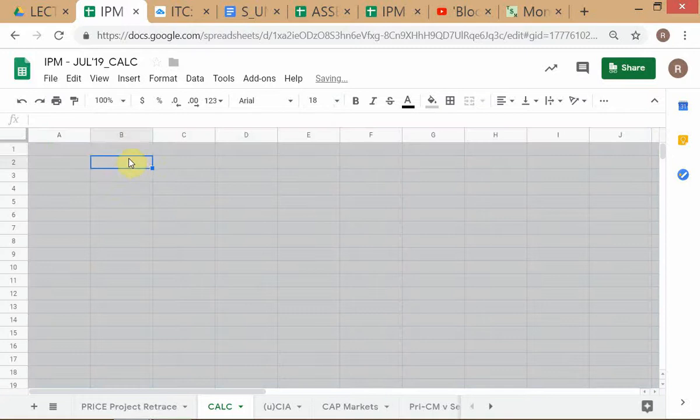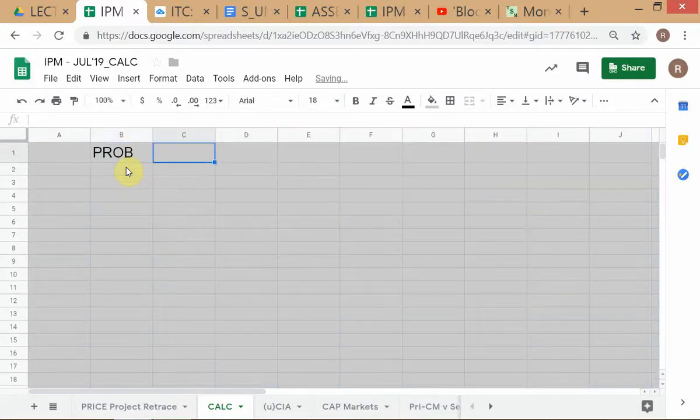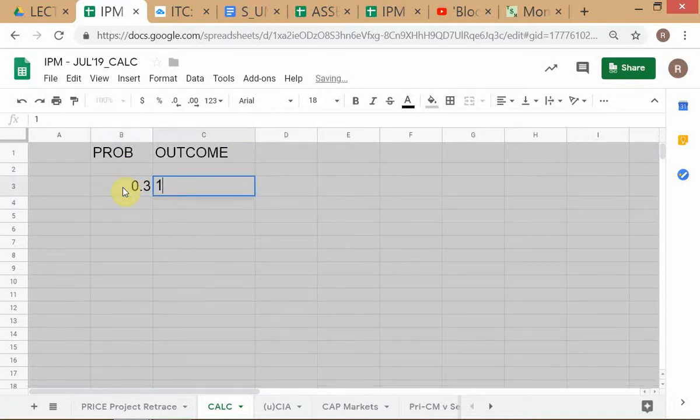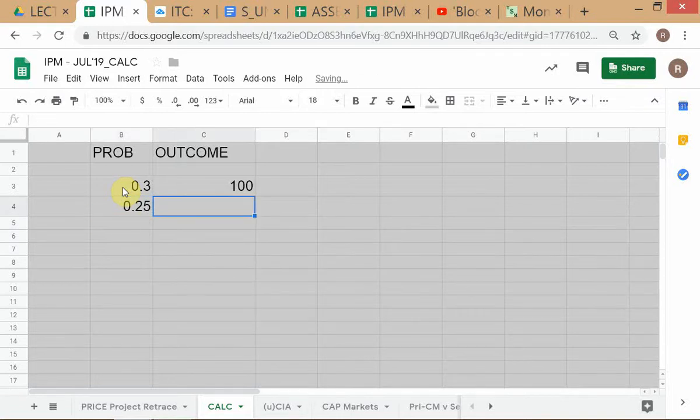So if you have the probabilities here and you have the outcomes here, let's say there is a 30% chance of 100 centimeters of rain, then there is a 25% chance of say 80 centimeters of rain.